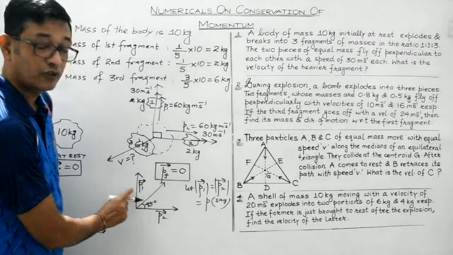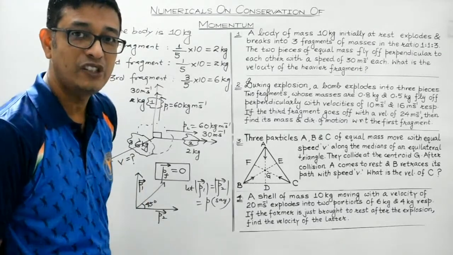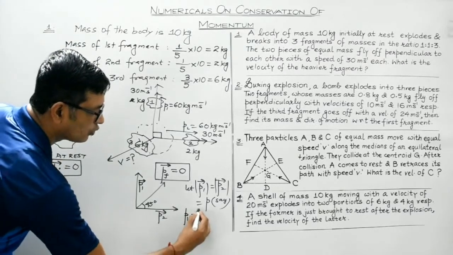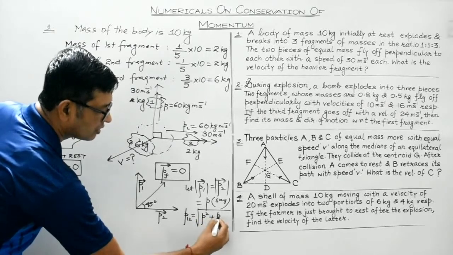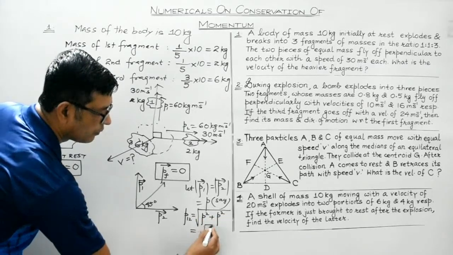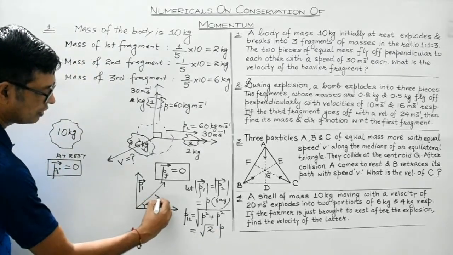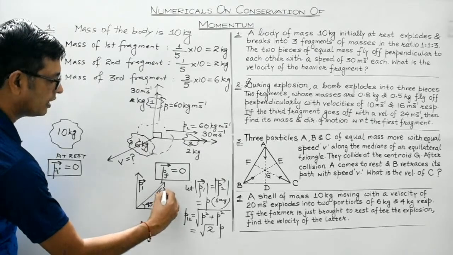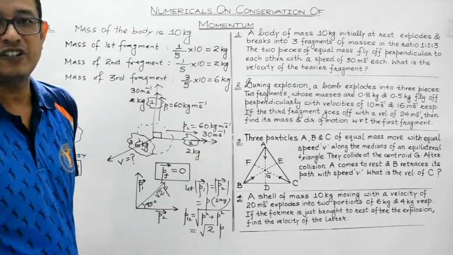And what will be the resultant of these two? These two vectors are inclined at right angle to each other. So the resultant of these two would be P12. It would be equal to square root of P1 square plus P2 square. Both are same. So it will be equal to root 2P. Clear, students? So the resultant momentum of fragment 1 and fragment 2 is root 2P along this direction.